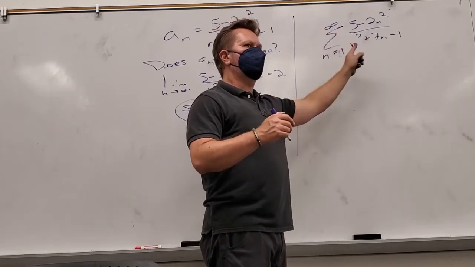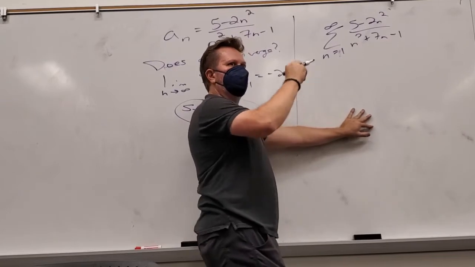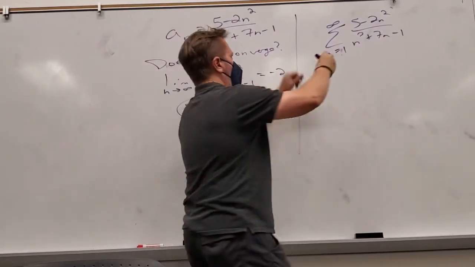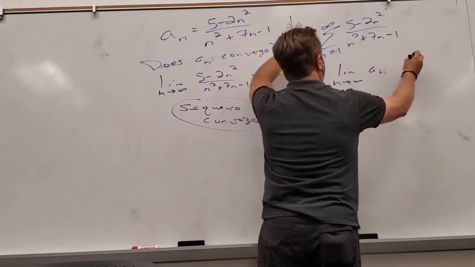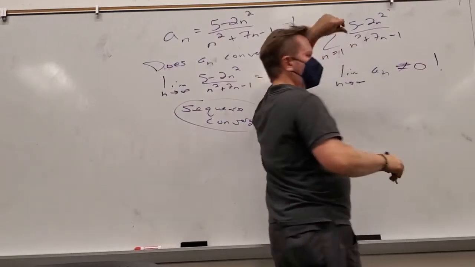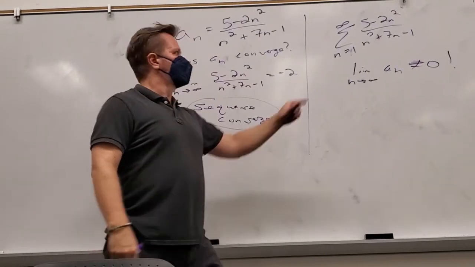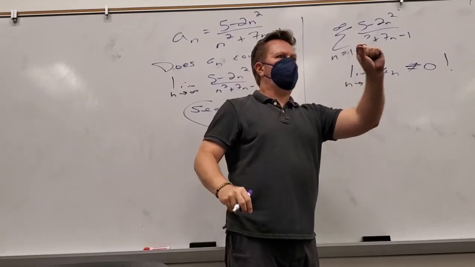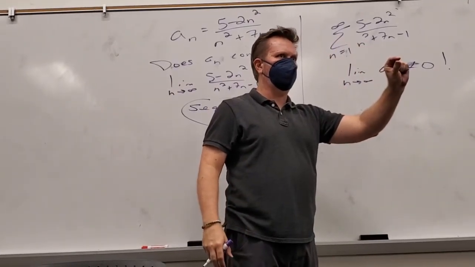So this series, why does it not converge? How do I know without doing anything else that it doesn't converge? Because the limit of this sequence is not 0. In fact, the limit we know is -2. At some point, the elements become so close to -2 that they're basically -2 for most humans.